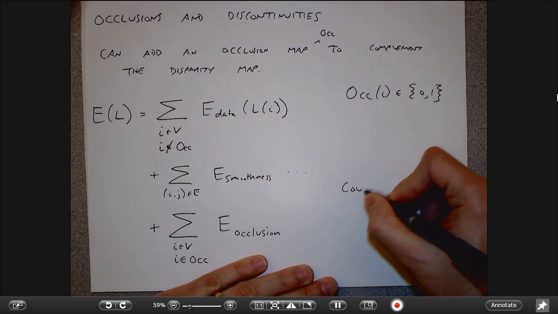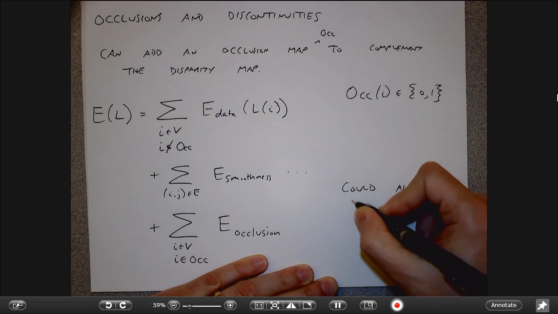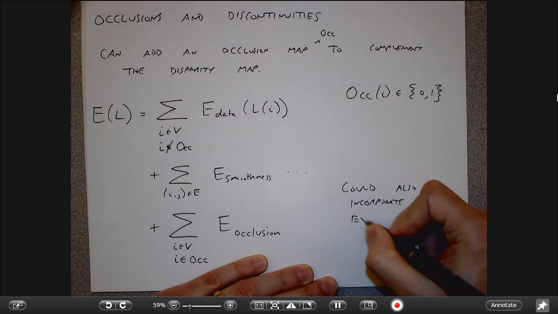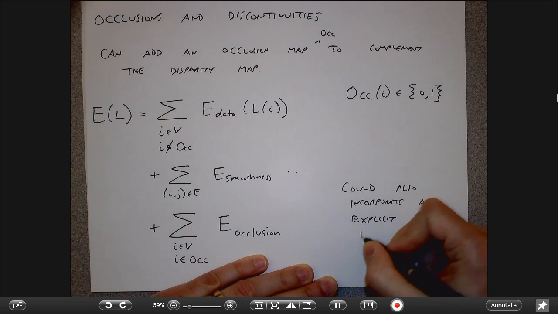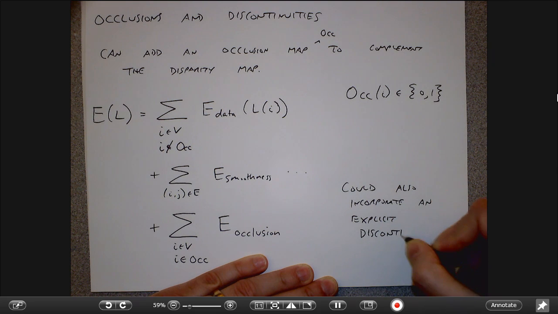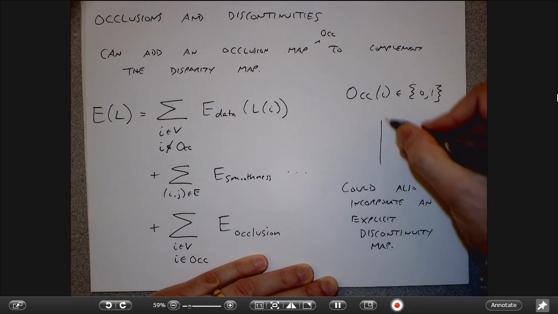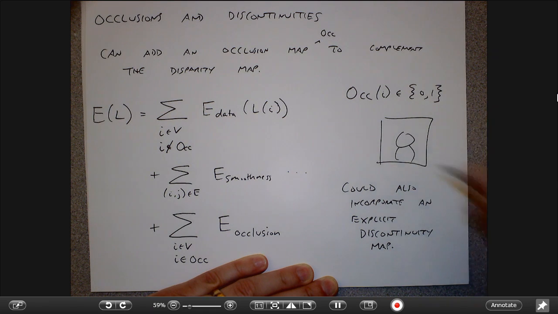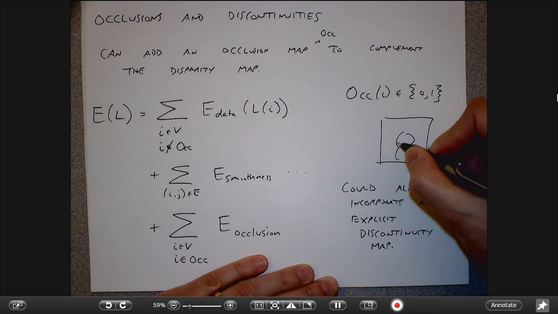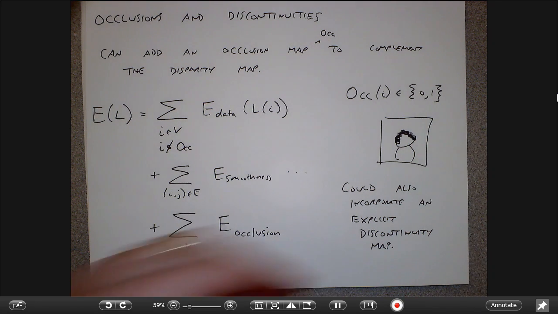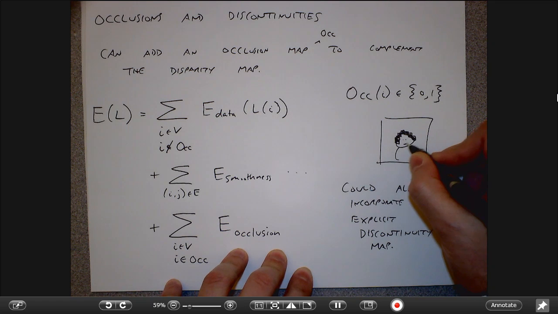You could also incorporate what I would call an explicit discontinuity map. Basically, if I've got my foreground person, you imagine these black pixels are 1s and all the rest of the pixels are 0s. This guy looks like he's just got some hair now.